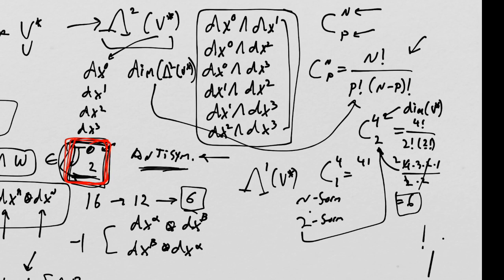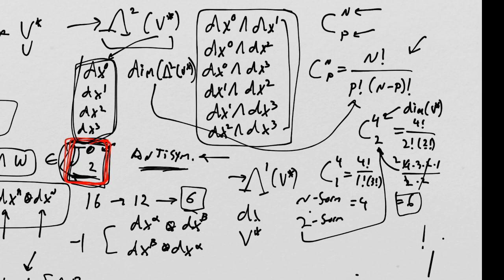It's going to be 4 factorial over 1 factorial times 3 factorial. 4 factorial divided by 3 factorial is 4. And of course, that makes sense because these 4 are the basis vectors of the 1 forms, and the 1 form is literally the covector space. So that's good, and so now we understand how to count the dimensionality of this vector space.